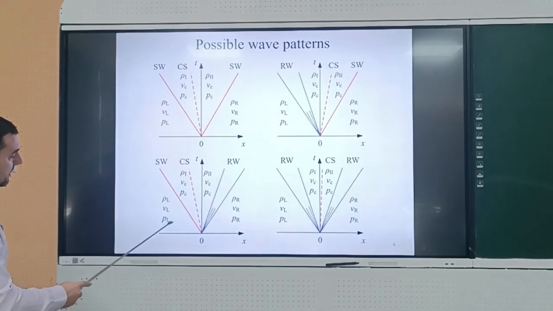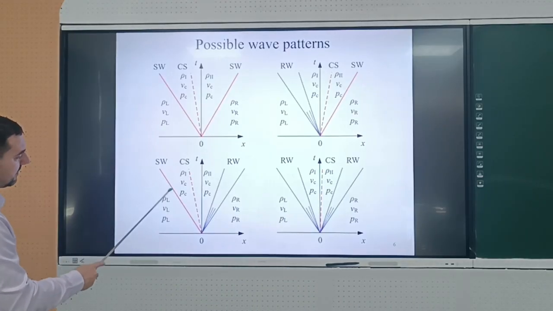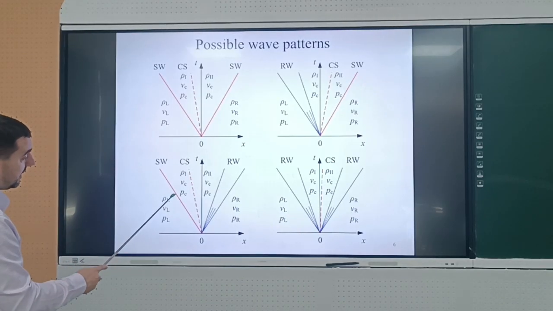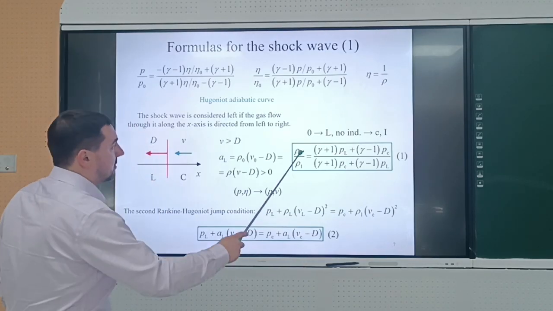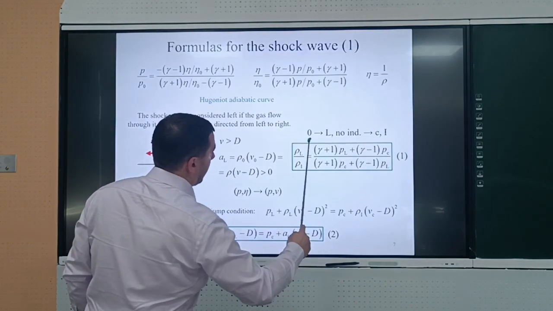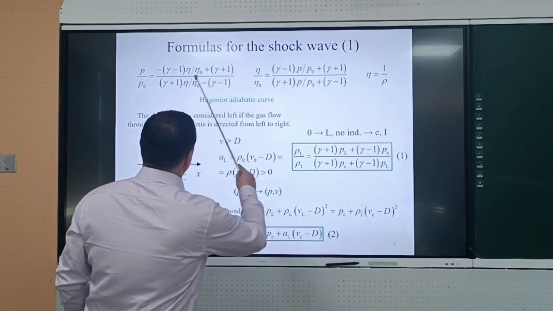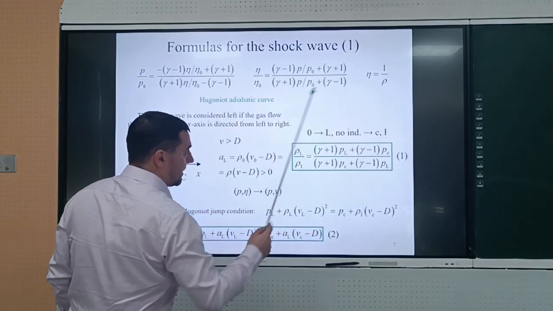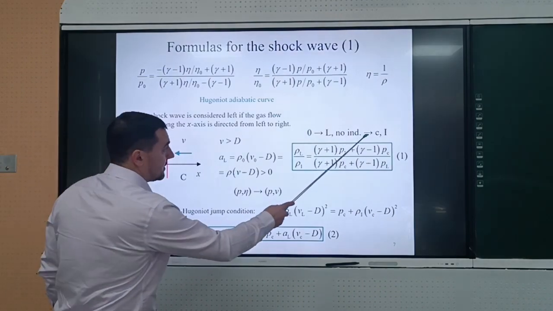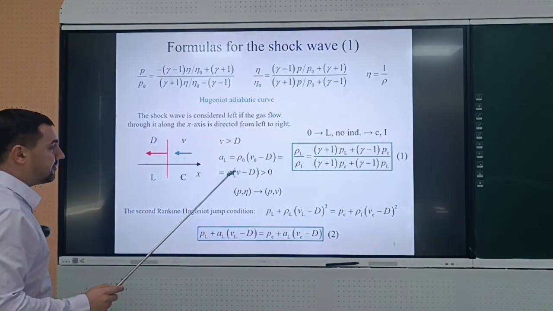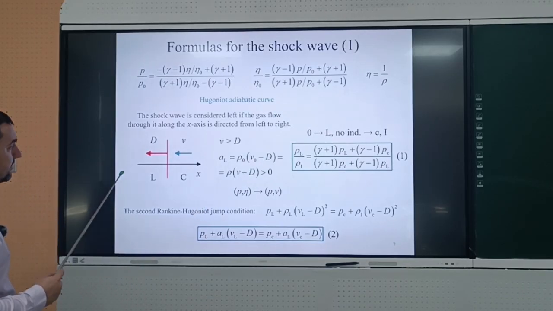The parameters in front of the shock wave have indices L, and the parameters behind the shock wave have C, and 1 for density. So we just rewrite our relationships, and now 0 comes to L, and parameters with our indices are now parameters behind the shock wave, so parameters at the contact surface C. So this is a relationship for the left shock wave.